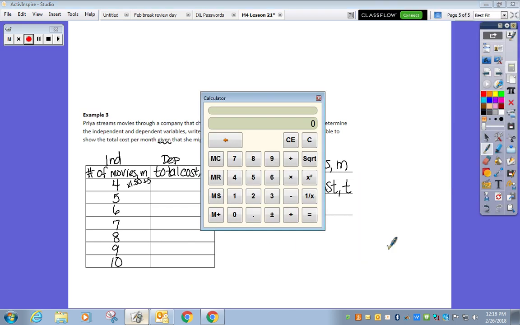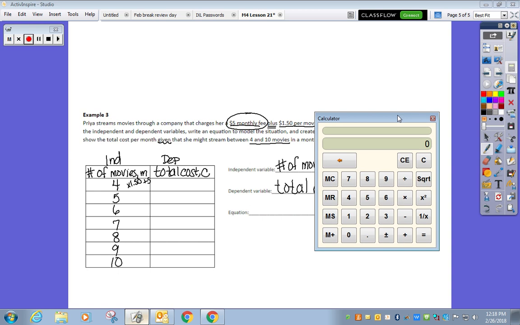to work through this. So if I had 4 movies, what that means is each one costs $1.50, so 4 movies times $1.50 would tell me the movies alone would cost $6. But I also have to include this monthly fee. So I also have to add on $5 to that. So that tells me the total cost for that month if she were to stream 4 movies would be $11.